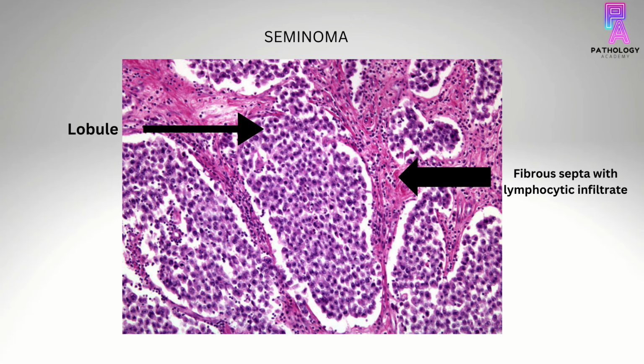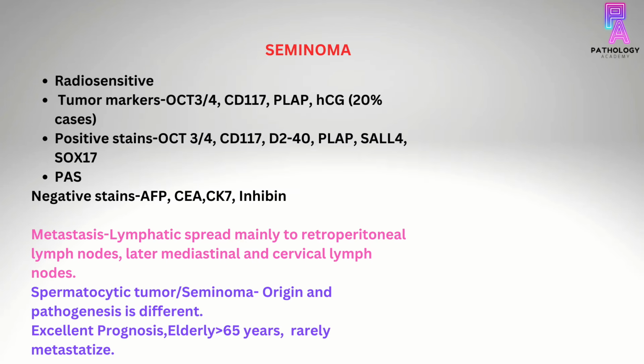The nuclei are polygonal and have prominent one or more nucleoli, and the fibrous septa separating the lobules have a lymphocytic infiltrate which is composed of T lymphocytes and plasma cells. The seminoma tumors are radiosensitive tumors and respond very well to radiotherapy.